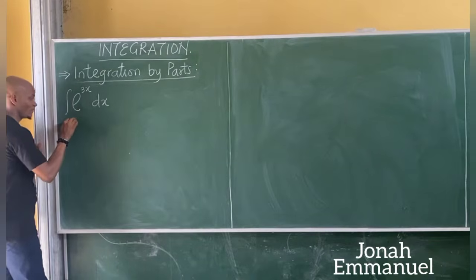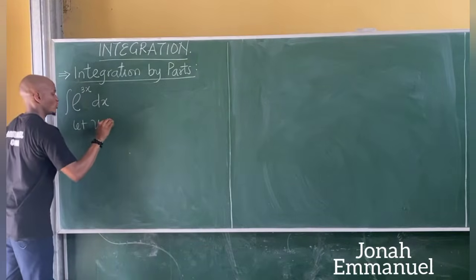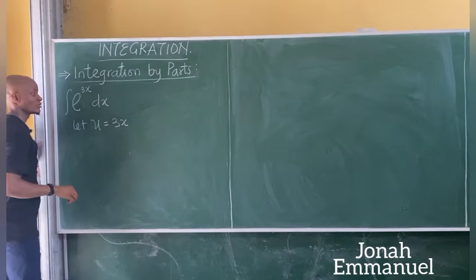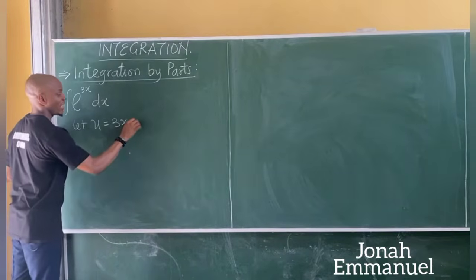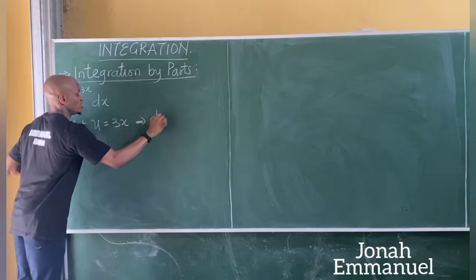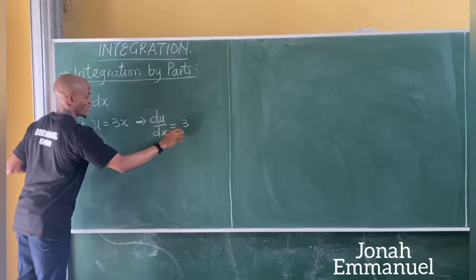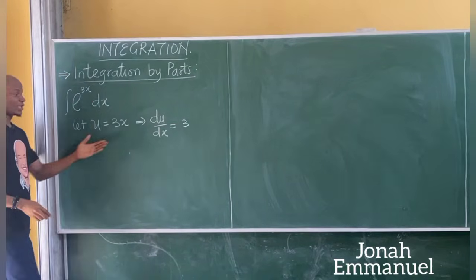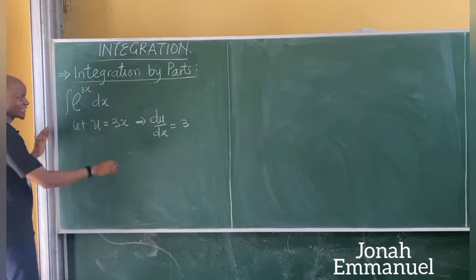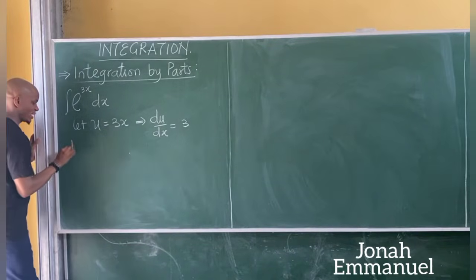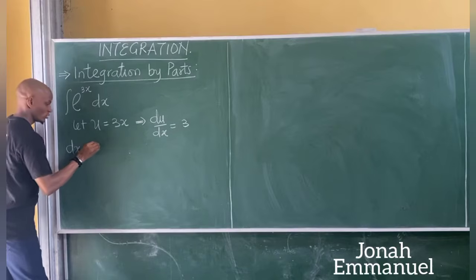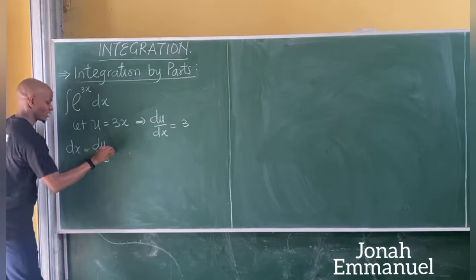For this, I will say let u be equal to 3x, such that if I differentiate, I will have that du all over dx is equal to 3, such that the x here will be equal to du all over 3.